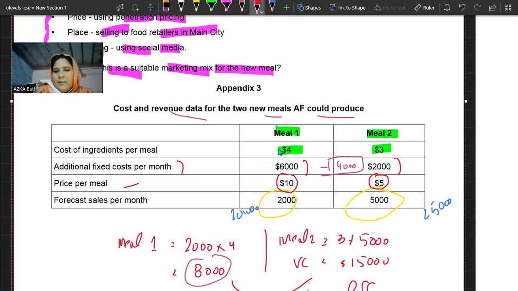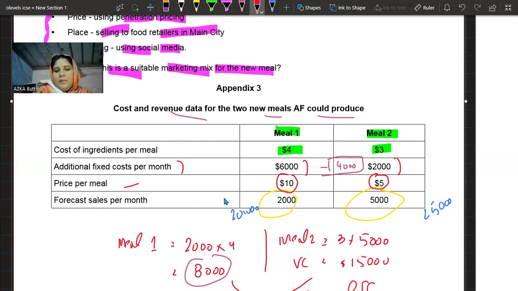Because it is a new meal, maybe the customers you are targeting have to send money back to their families, they don't have enough money to spend on essentials, and since this meal is very new for the people, maybe they would not try the meal at such a high price. So entering a new market, meal two would be more appealing price wise.